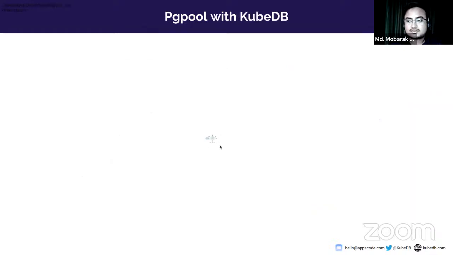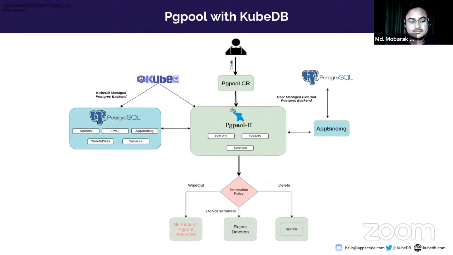Okay. Now let's see what we can do with KubeDB Pgpool. Here, when a user applies a Pgpool CR or custom resource, the KubeDB provisioner will create a PetSet, which is a custom resource made by AppsCode.